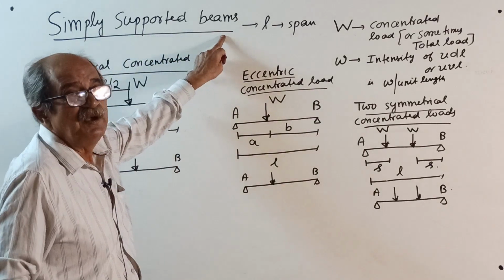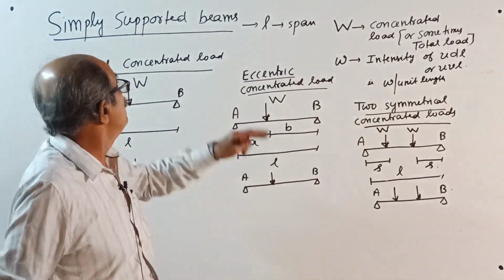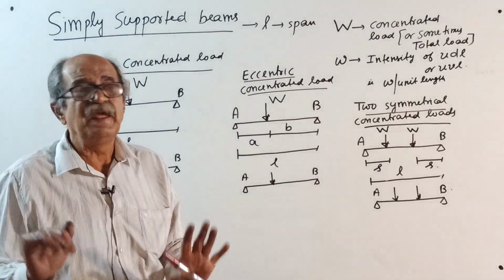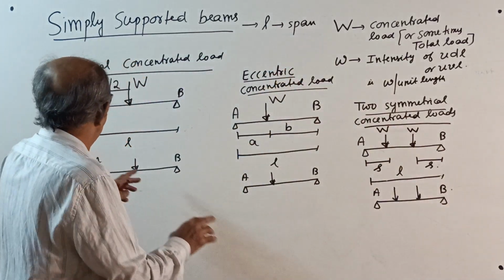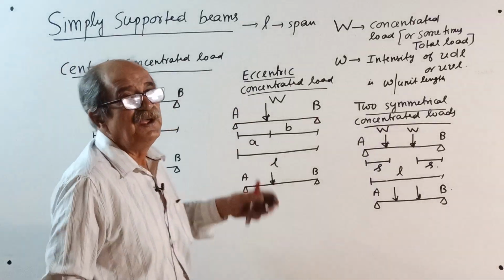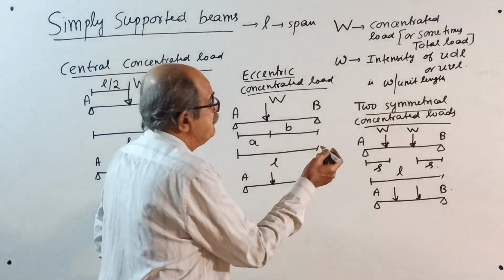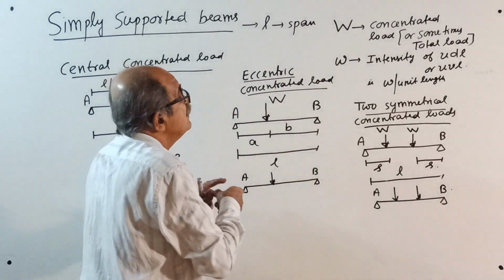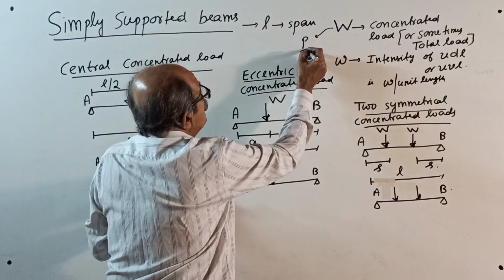Simply, you can write standard cases of support reactions for simply supported beams, only vertical reactions. Everywhere L means span. If I put capital W, some people will put P instead. Okay, no problem. You can use P also. But I prefer W.